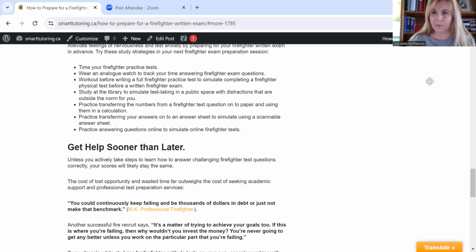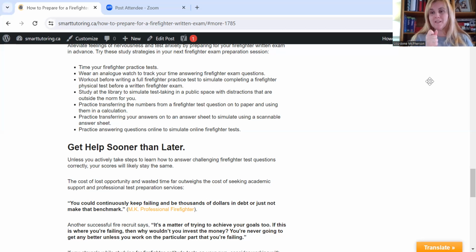That takes me to point number three, which is work out before writing a full firefighter practice test to simulate completing a firefighter physical test before a written firefighter exam. So in some cases, you might be asked to do a number of different things on the same day as your aptitude test. And one of those things could be the CPAT, which is a very taxing physical test.